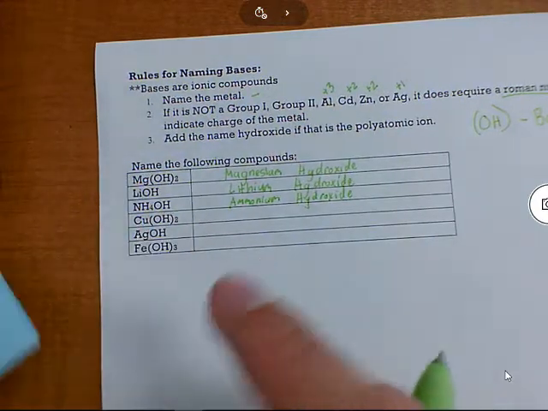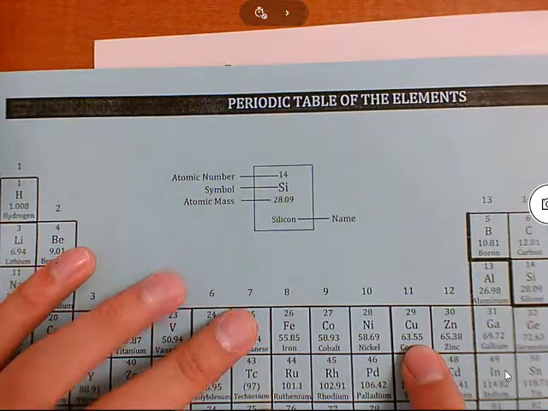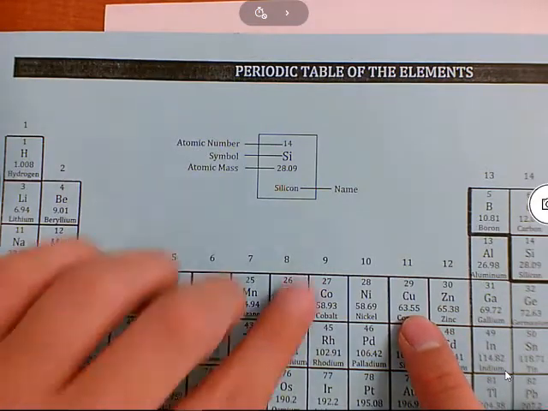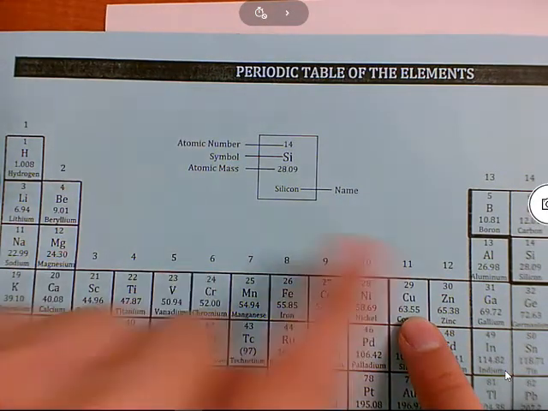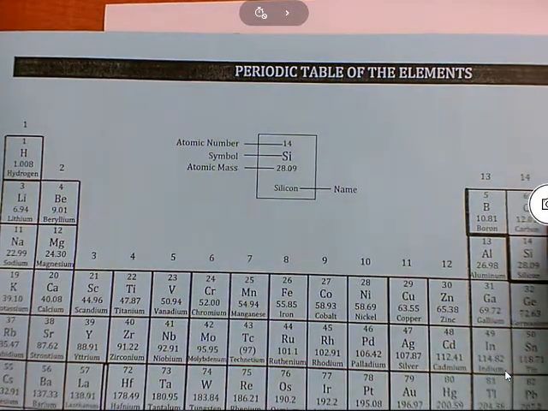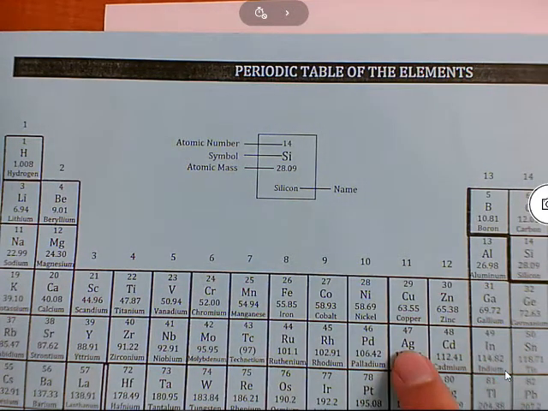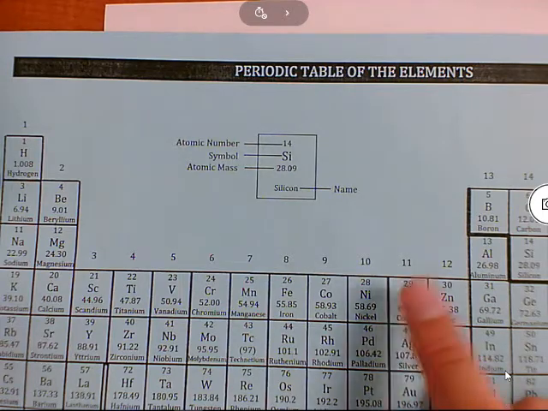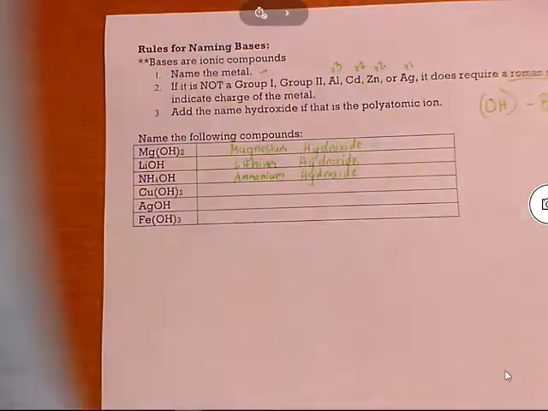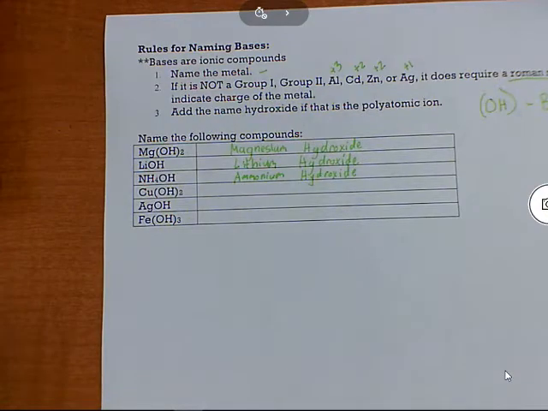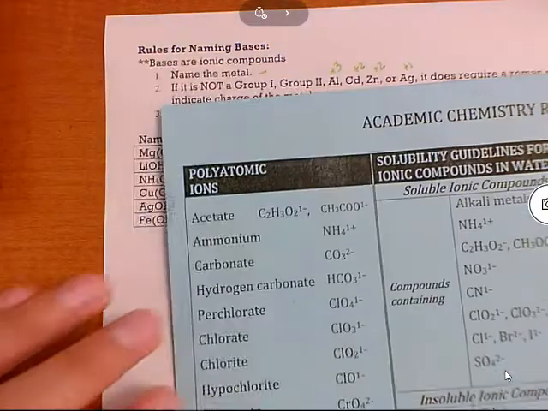Cu is copper, but here we go. Copper's right here. That does not follow the rules. It is not in the first row, the second row. It's not aluminum. It's not zinc. It's not cadmium. It's not silver. So I need to put Roman numerals with this one. Now to figure out what the charge is, let's look at hydroxide.